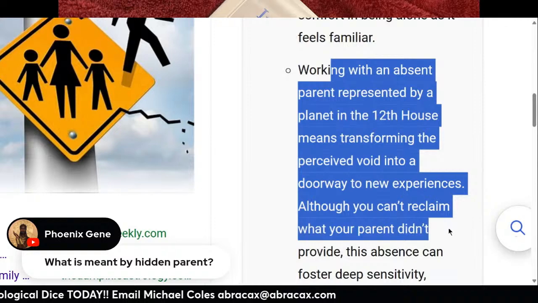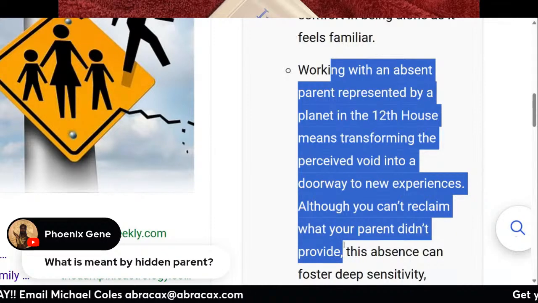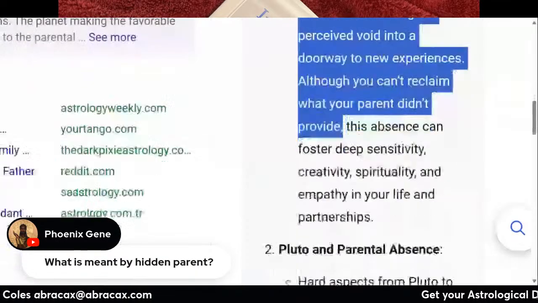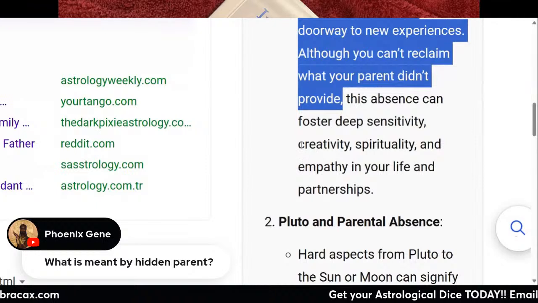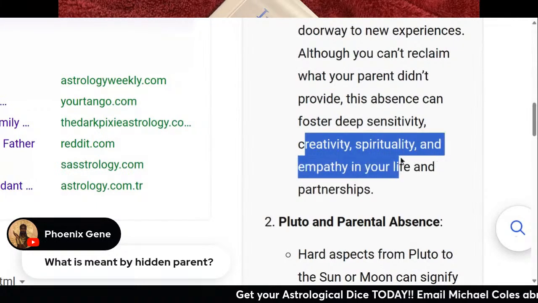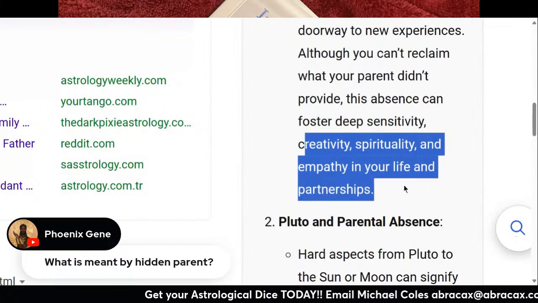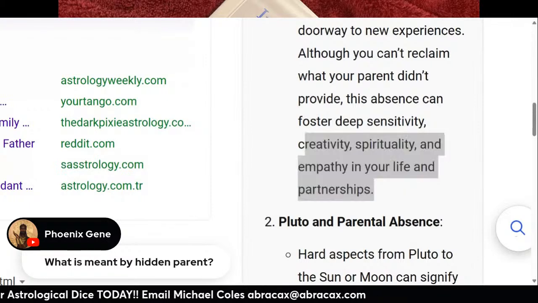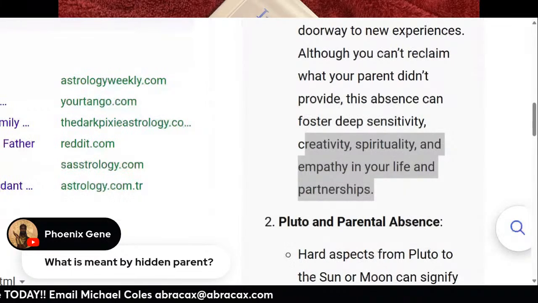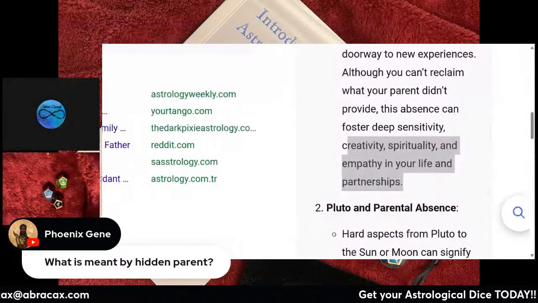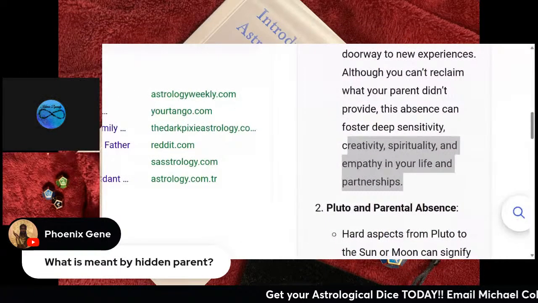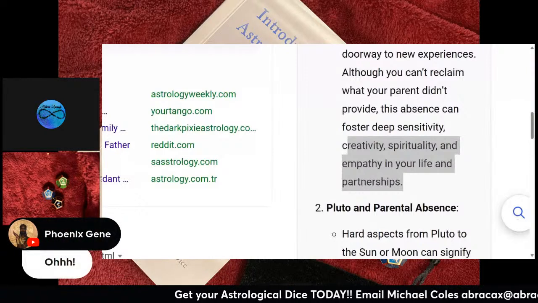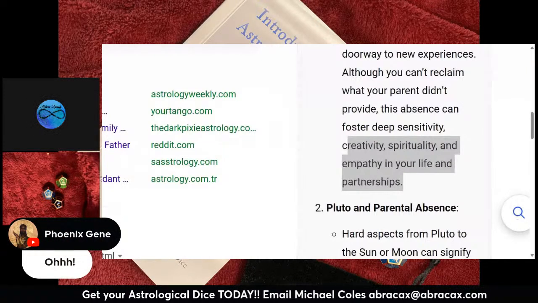Although you can't reclaim what your parent didn't provide, this absence can foster deep sensitivity, creativity, spirituality, and empathy in your life and partnerships. So that's a brief on that, because as we see, we could easily go into Pluto and the parental absence. Very good question.